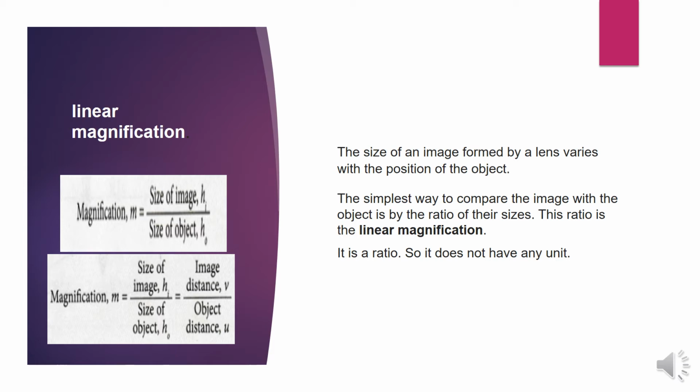What is u? U is the object distance. So linear magnification can be found out by the ratio of the height of the image to height of object, or image distance by object distance. So it is a ratio. That means it will not have any unit. It's a number.